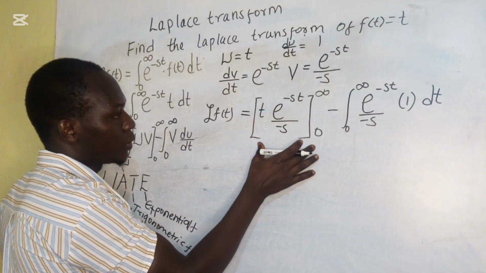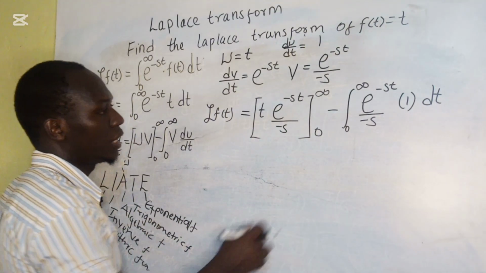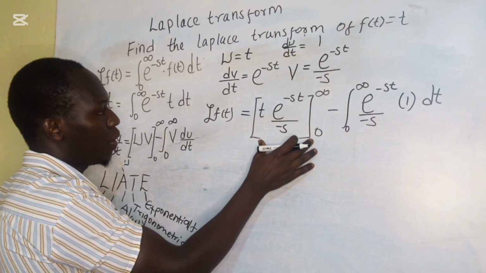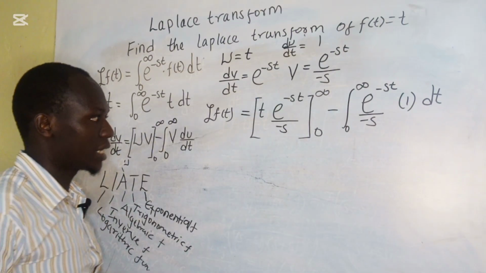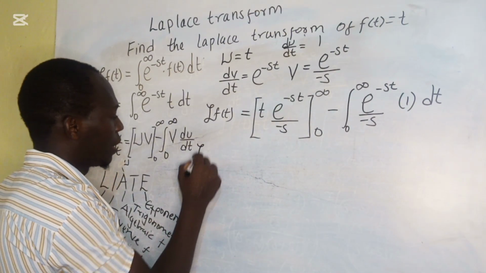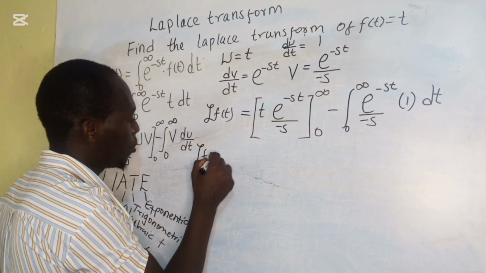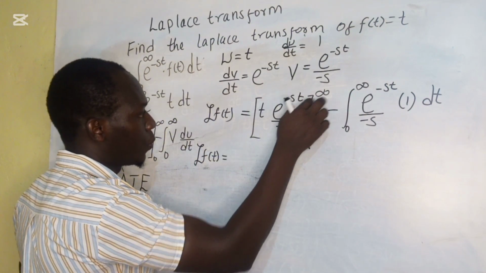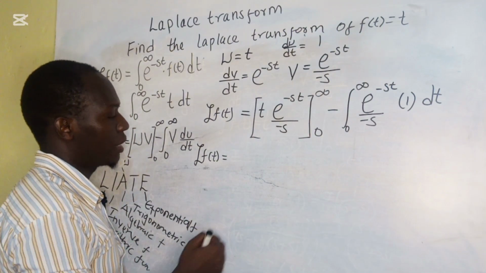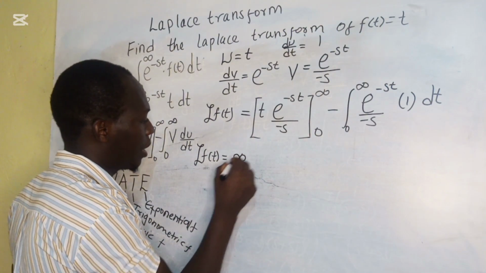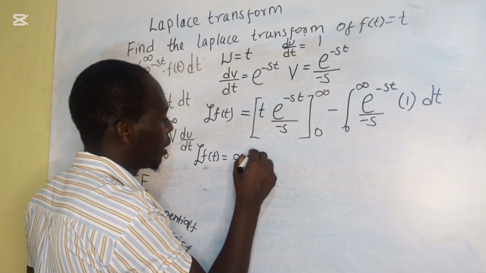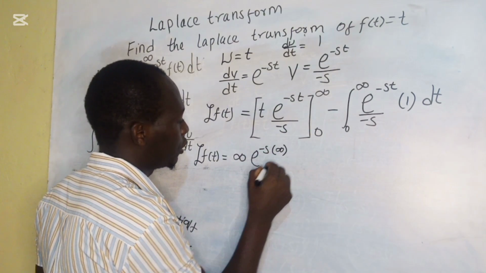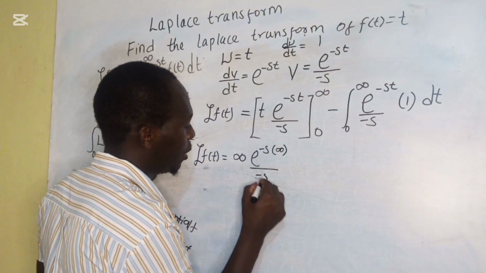Now let us do our working out here. By carrying out our working, we are going to insert our limits. The Laplace transform of our function f of t is going to be equal to, we start with the upper class limit, whereby we have infinity, exponential negative infinity all over negative s.